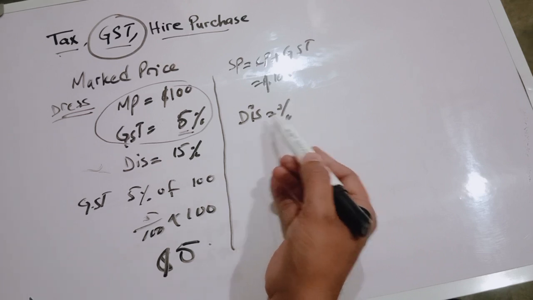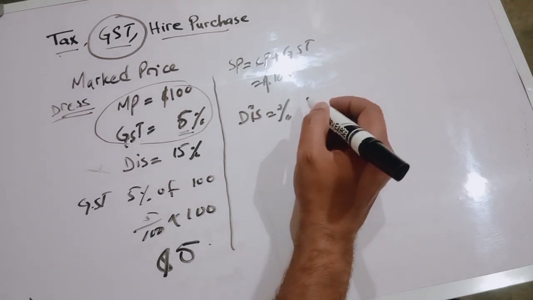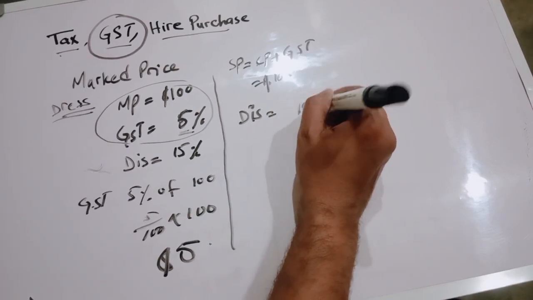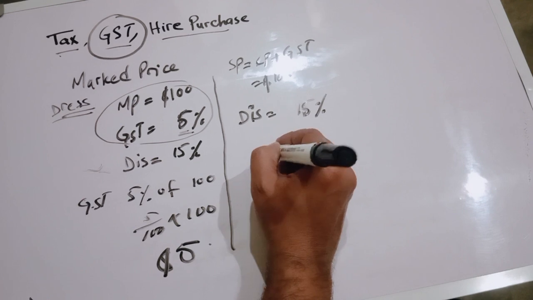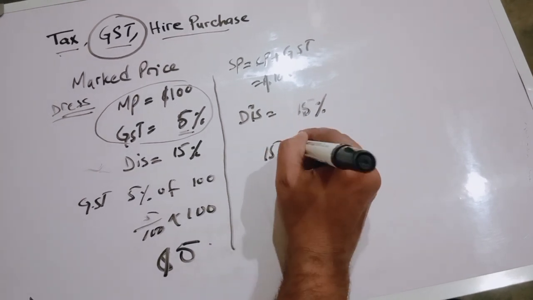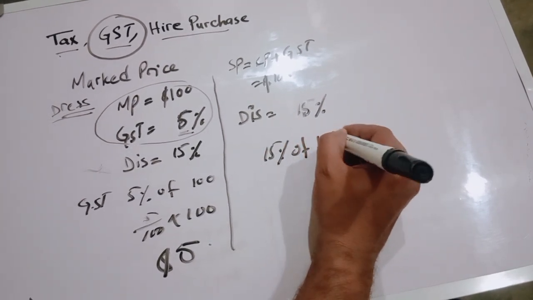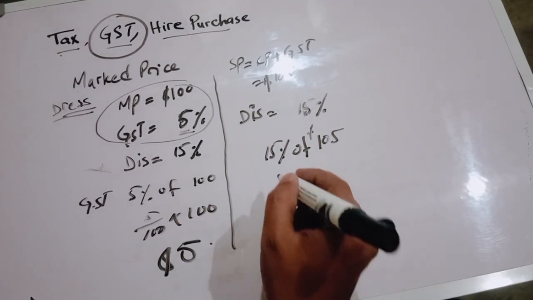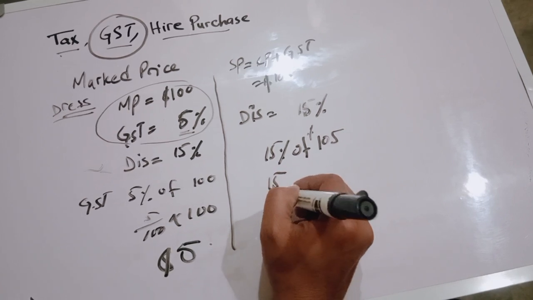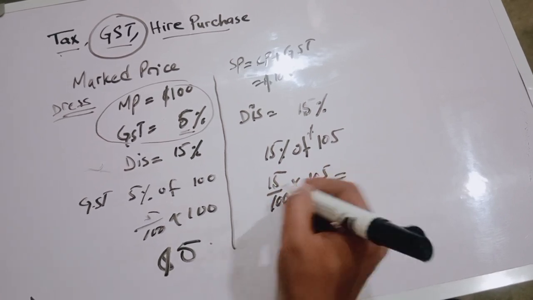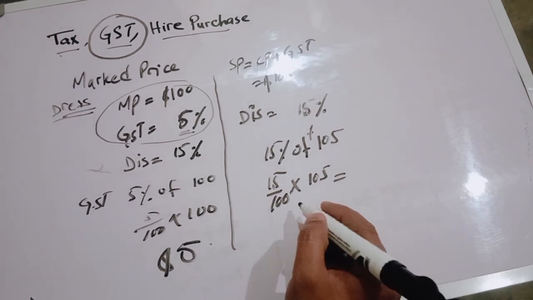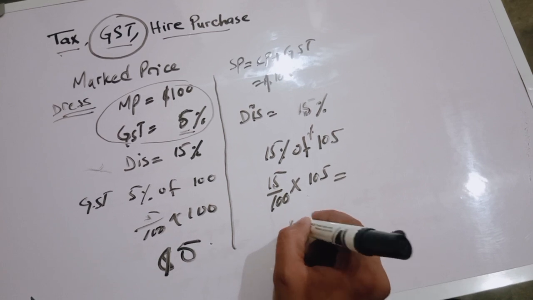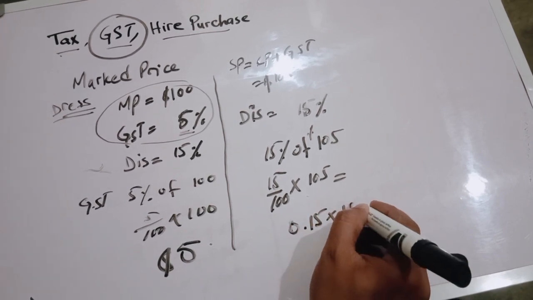So how much discount can they have on $105? The discount percentage is 15%. So we need to calculate 15% of the amount, the mark price, which is 105 now, in which we have included the general sales tax also. So 15% of 105 is equal to what? We just need to make a calculation. It would be 0.15 times 105.